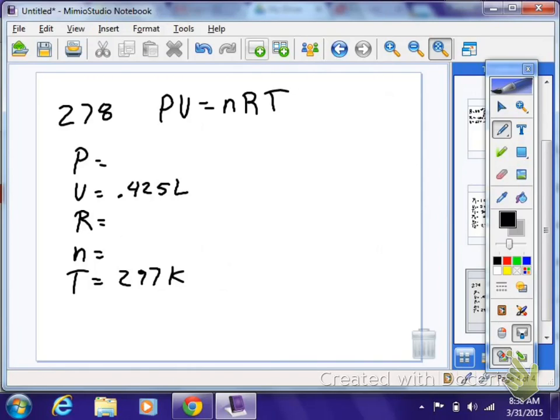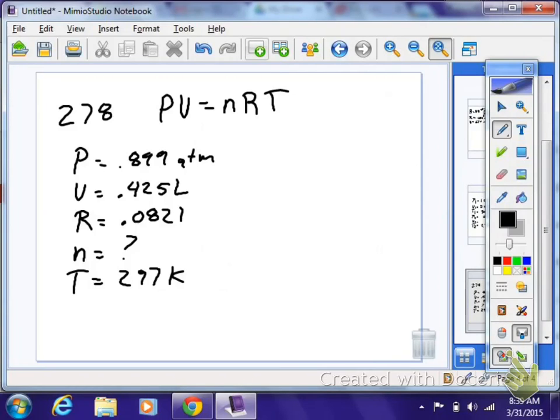The atmosphere's pressure is 0.899. And then it says how many moles. So here's moles. We got to find our R value. This is in atmospheres, is that right? So our R value has to be 0.0821. Is that everything correct?